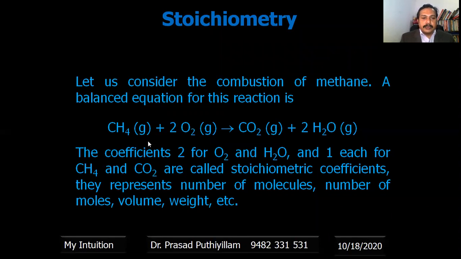Here CH4 is written without a number, but it is understood that it is 1 CH4 plus 2 O2, 1 CO2 and 2 H2O. Therefore the coefficient 2 for oxygen and steam and 1 each for CH4 and CO2 are called stoichiometric coefficients, and you can use those numbers to represent the number of molecules, number of moles, volume or weight.